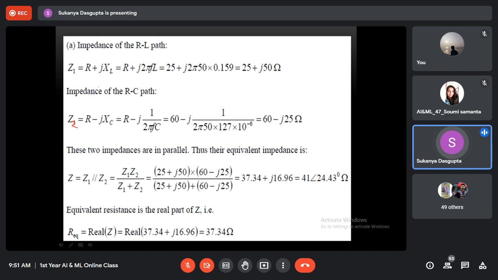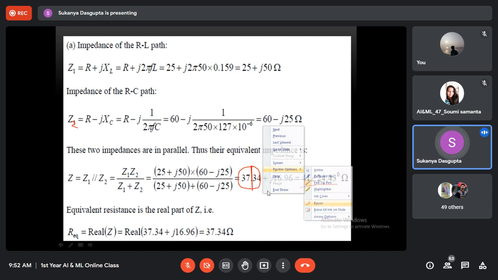Since they are in parallel, Z1 parallel Z2 will be calculated as either 37.34 plus J 16.96 ohm, or in polar form as 41 ohm with angle 24.43 degree. That means the overall resistance is 37.34 ohm.